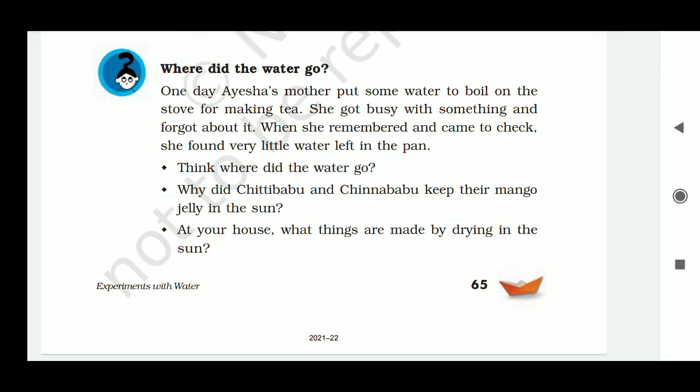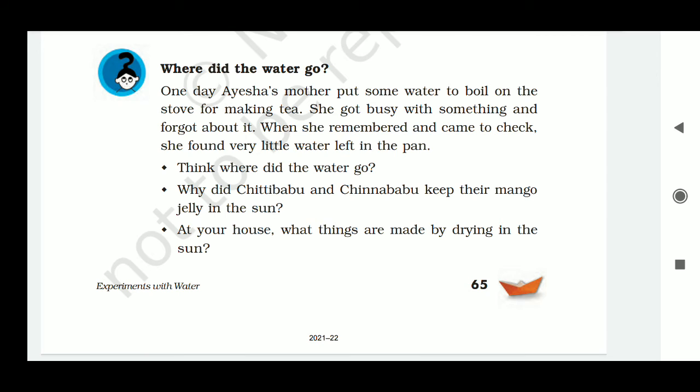When she remembered and came to check, she found very little water left in the pan. Since it was left for boiling without observing, after some time most of the water was not there. So think, where did the water go?